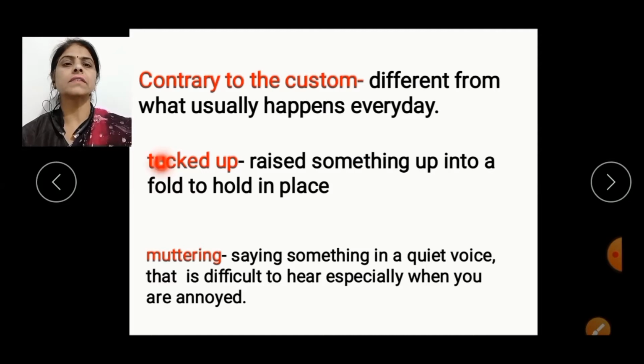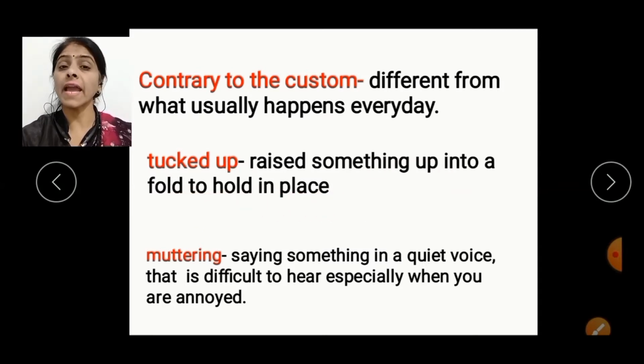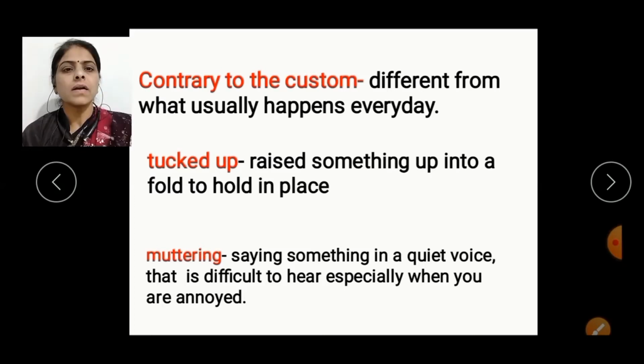After that, tucked up means raised something up into a fold to hold in place. When the edges of a dhoti are folded and turned up to hold in place, we can say it is tucked up.